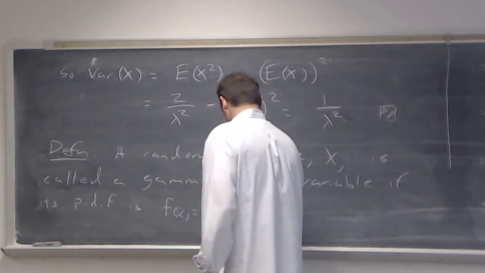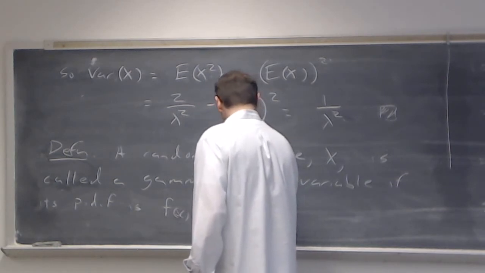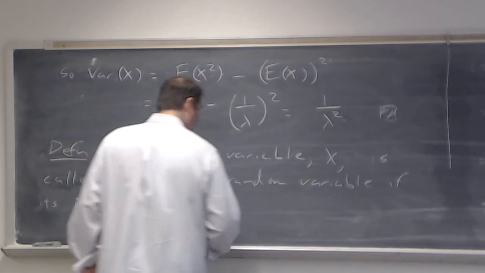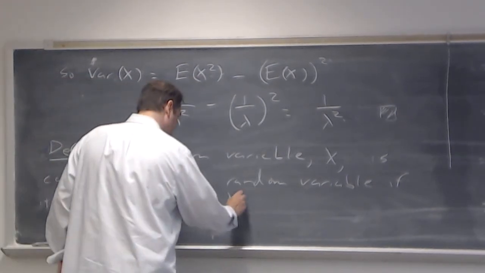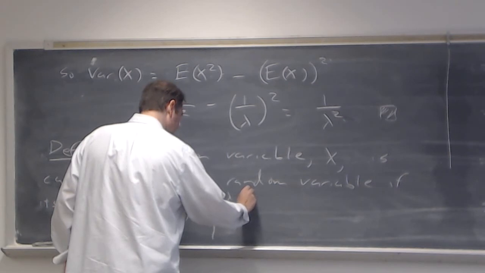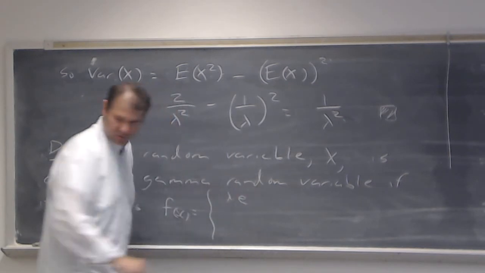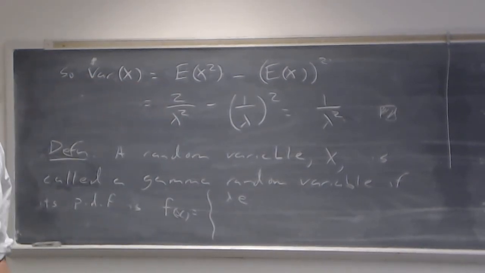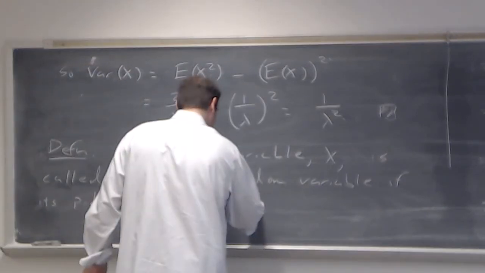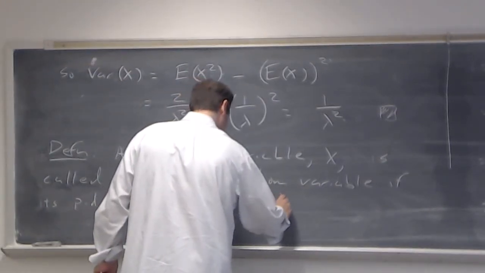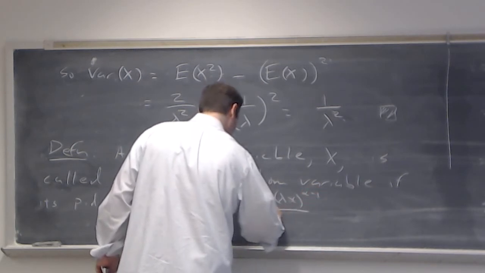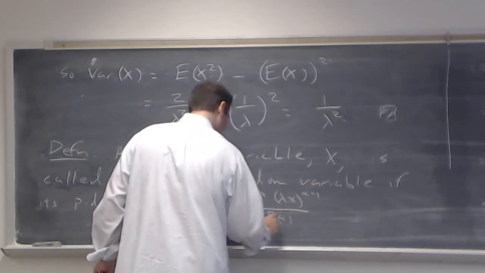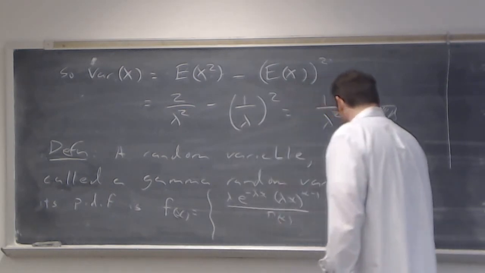So let's see, I think it's lambda e, I need to look. So it's lambda e to the minus lambda x, times x to the alpha minus 1, over something called gamma of alpha. So I've got to define gamma of alpha.